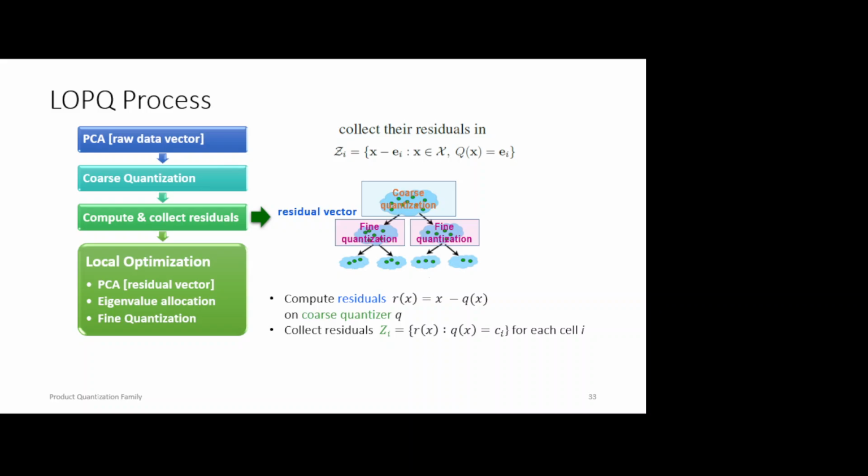For each cluster, we calculate the residual of all the data belonging to the first cluster, and we do the same thing for the second cluster. All the data belonging to the second cluster, we also subtract its centroid to get the residual. The calculation is like this.